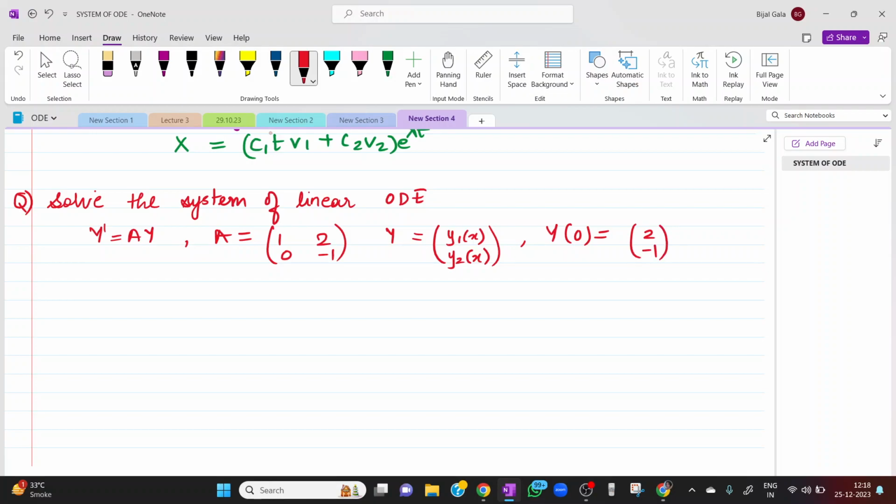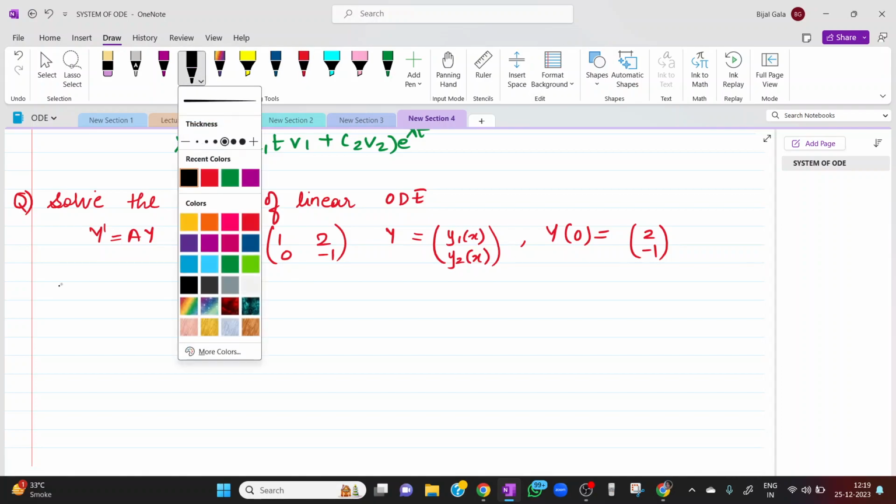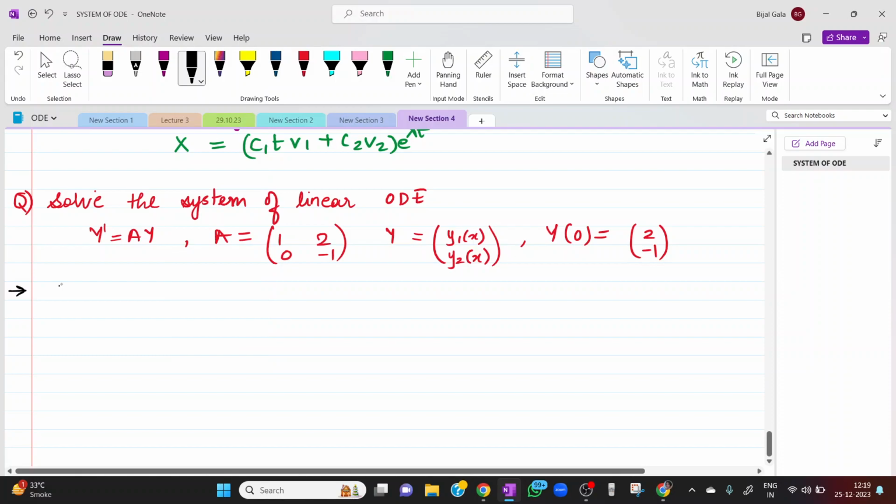Let's understand the system first. If I was to write it in the normal format, what is the system exactly? This system says d y1 by dx is equal to y1 plus 2 y2, and d y2 by dx is equal to negative y2.